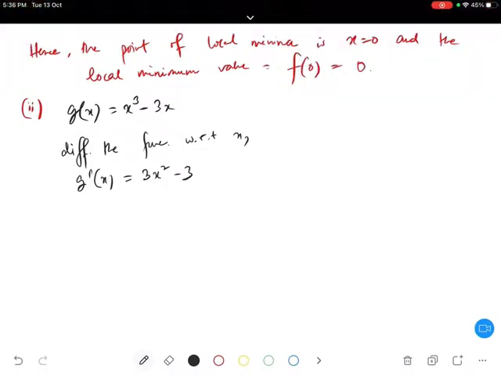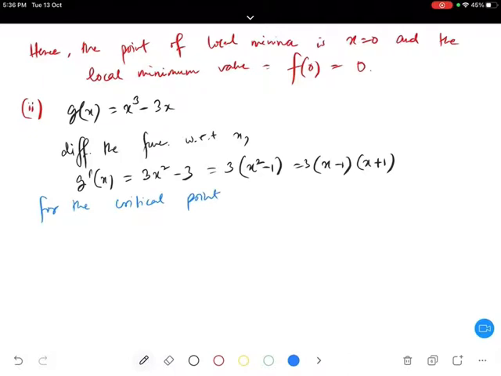So 3x square minus 3. I can take 3 common, so I get x square minus 1. So 3 common, x minus 1, x plus 1. This is what we have, right? Now we need to find the critical points. For the critical points, g dash x is equal to 0, or 3 into x minus 1, x plus 1 is equal to 0.